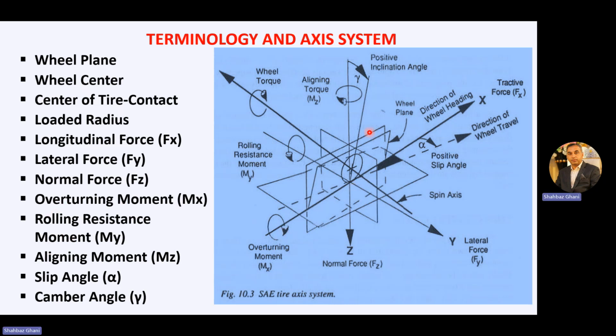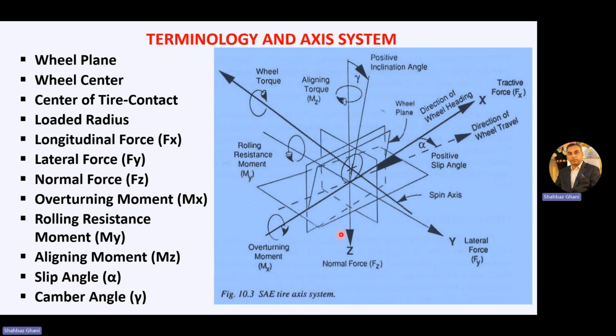Now coming towards the lateral forces in y direction. So this is your y direction and the lateral force in y direction is your Fy, and the rolling resistance moment in the y-axis, so this is My.